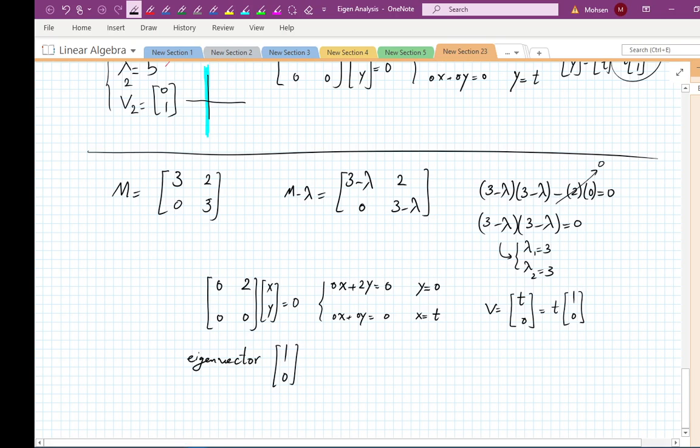It's not like we can paint it a different color and sell the 1, 0 as some different eigenvector. Here's a big strange headline news. There is only one eigenvector for this matrix. So they share just one eigenvector.